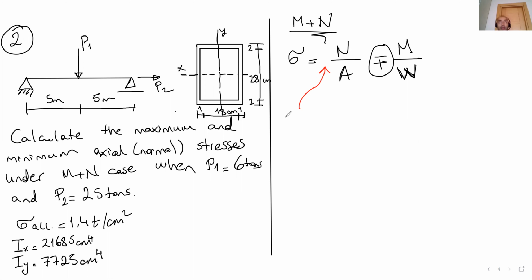the axial force. If it's tension, it's positive. If it's compression, it's negative. Remember, these signs, positive or negative, are completely about the direction of the force or stress. Tension is always positive. In this example, if we draw an axial force diagram, we are going to see P2 goes right hand side.